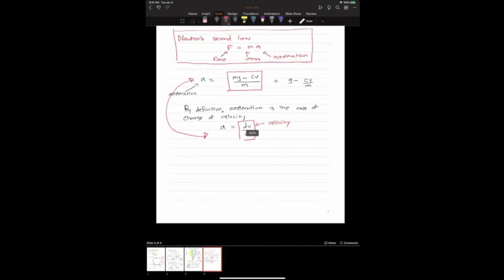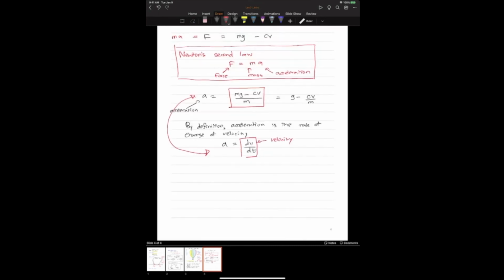Now, using these, I can write dv by dt is equal to g minus cv over m. All of these came from physics. Now, this is a differential equation.